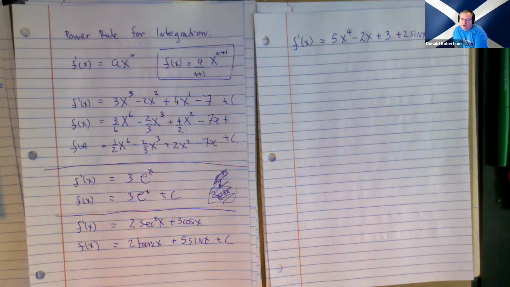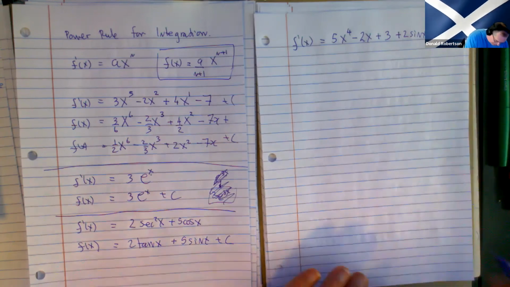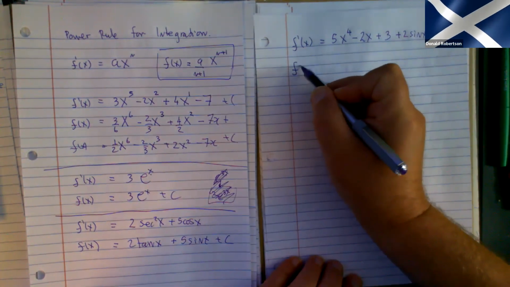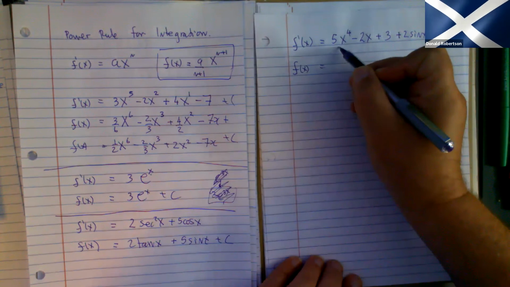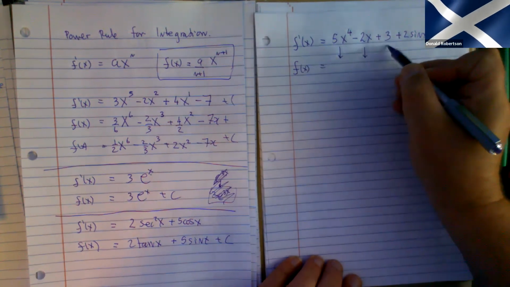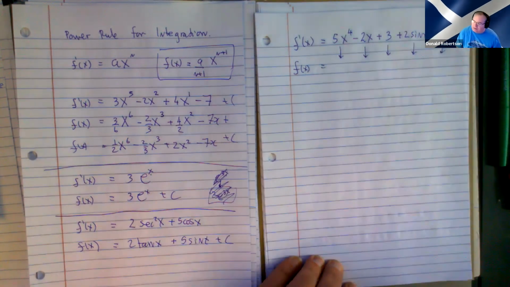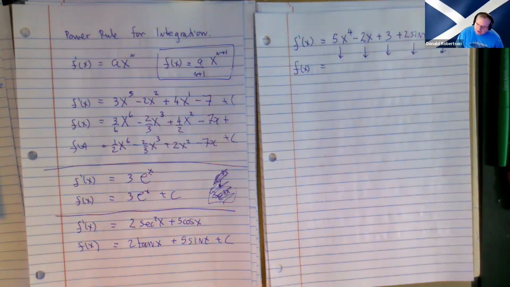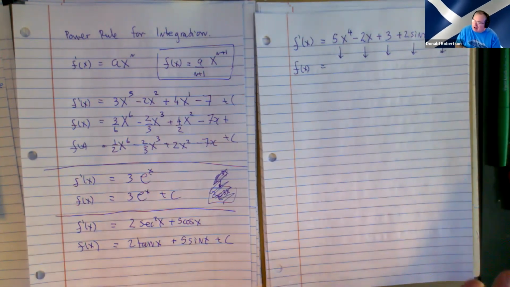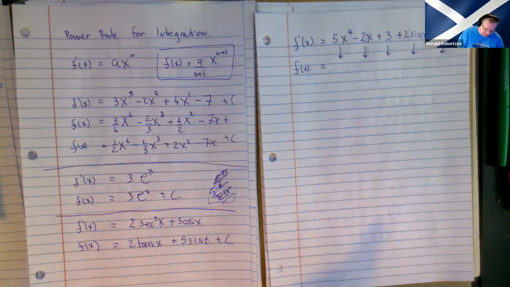Right, so that guy has got a little bit of this and a little bit of that. It's got quite a few things. If you want to find its antiderivative, shouldn't you just take each one on its own merits and get its antiderivative? So it doesn't really matter what else is going on, just what it's doing.